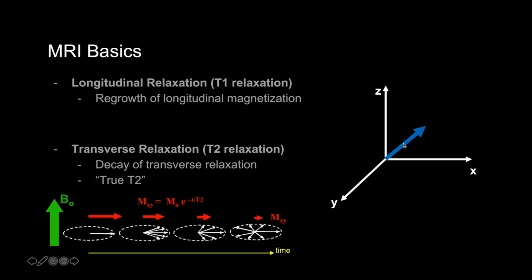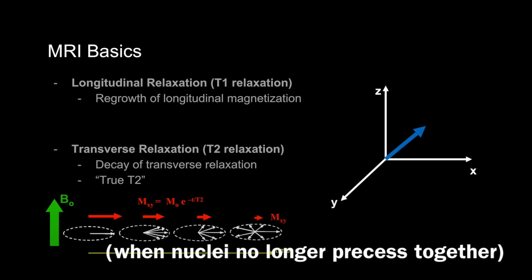In other words, any T1 relaxation is always going to cause or be accompanied by T2 relaxation. But there are other additional interactions that can also result in more T2 relaxation, as illustrated in this diagram down here where we lose phase in the XY plane. Remember, the precession has to remain in phase to keep transverse signal, so there is further loss of signal when they lose phase coherence.